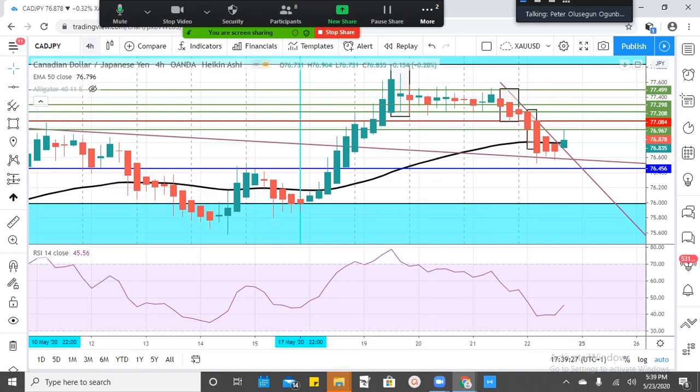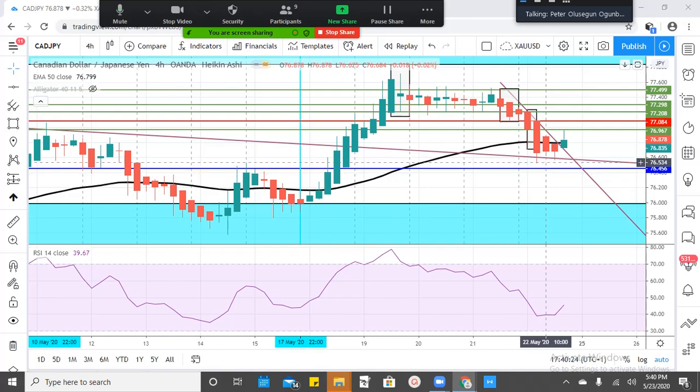Now on 4 hour, if you are waiting for the 4 hour candle to cross and to close below EMA 50, the market would have moved more than 150 pips before you realize it.